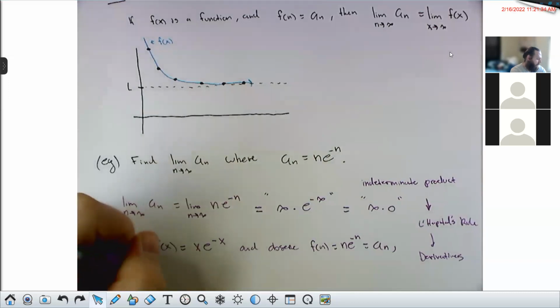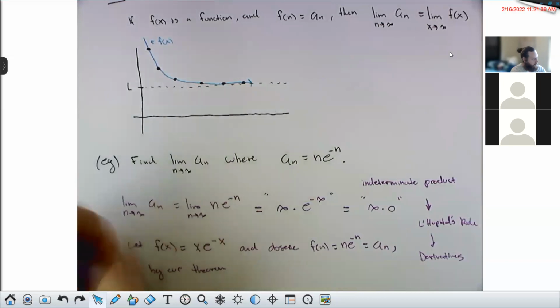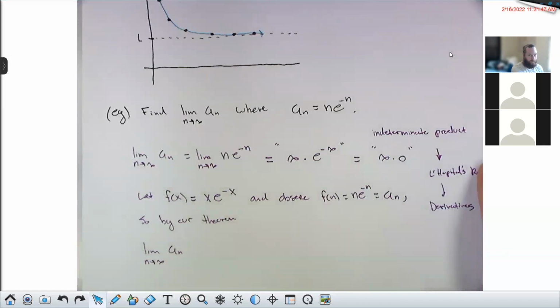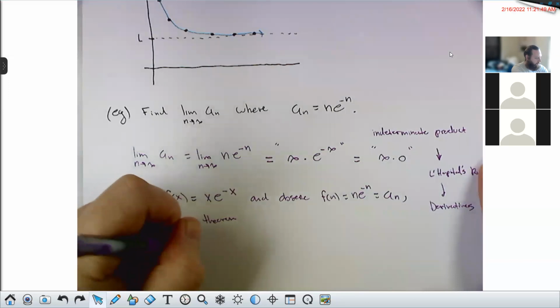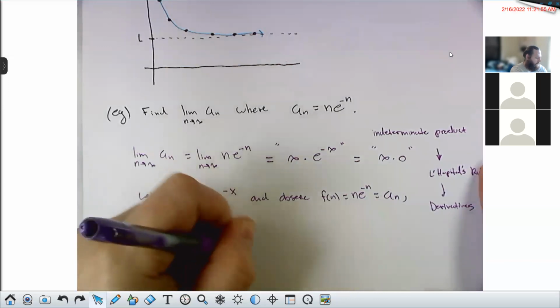So by our theorem, the limit as n goes to infinity of a_n must be the same as the limit as x goes to infinity of f of x.